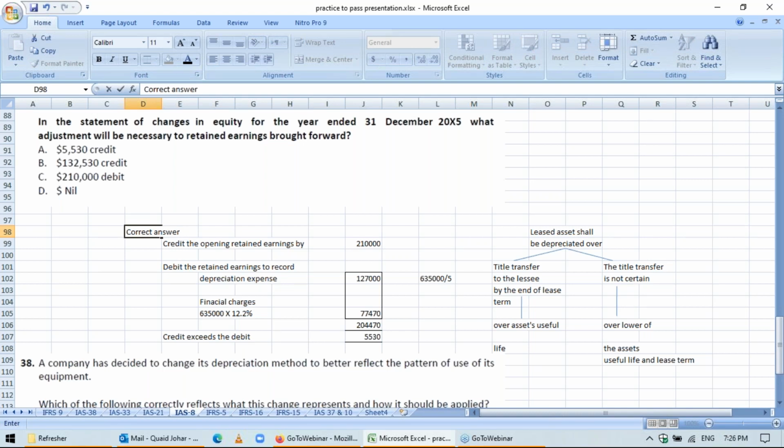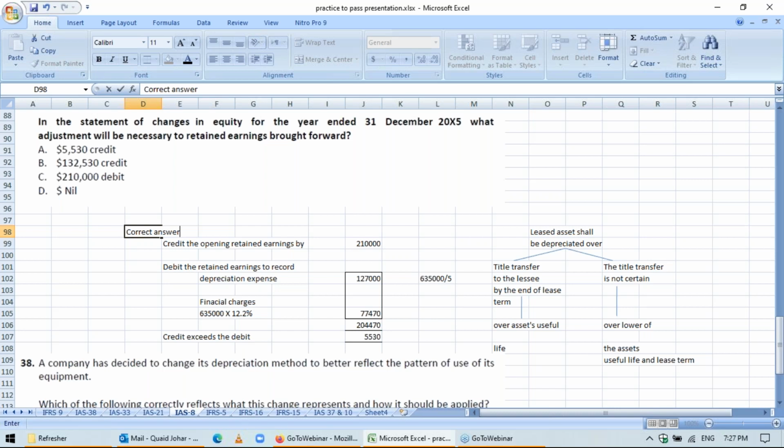So over here, you had to be very smart. You have to be very, very careful about what items will be affected and what they tell in the question. So they said that they recognize 210,000, the payment itself, as an expense. Whereas what the standard says is to record depreciation expense and financial charges.